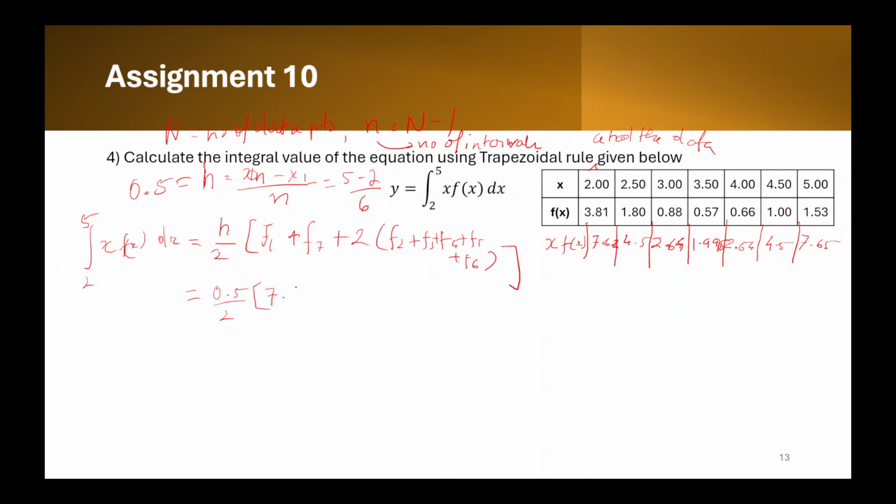F1 is 7.62 plus 7.65 plus twice of F2 is 4.5 plus 2.64 plus 1.995 plus 2.64 again plus 4.5.